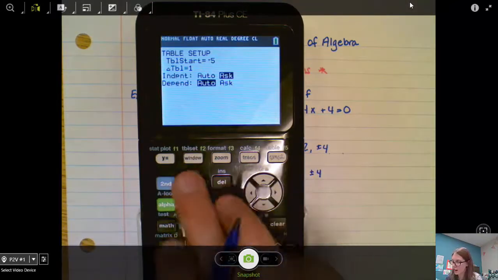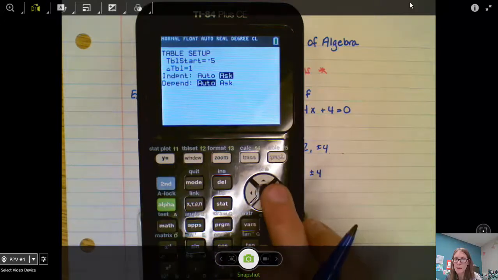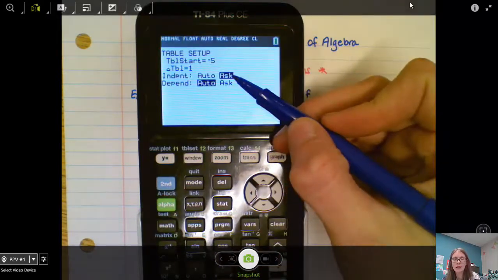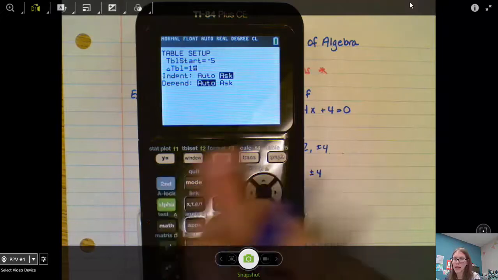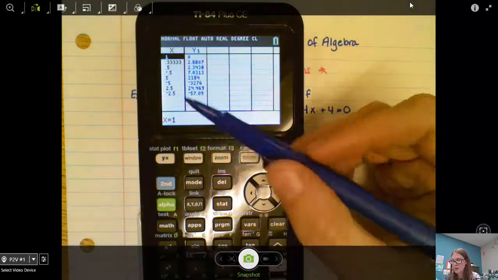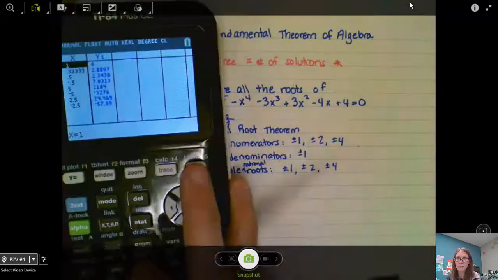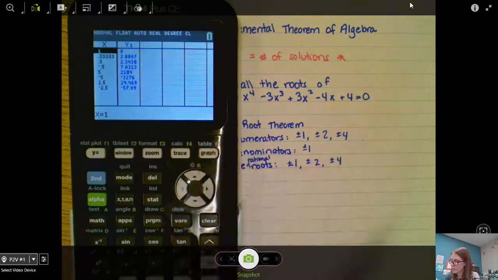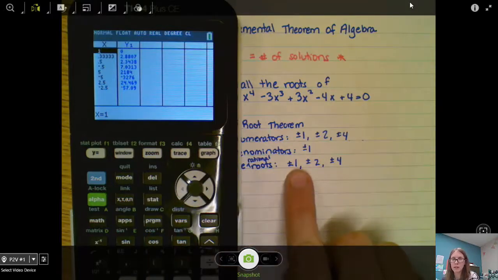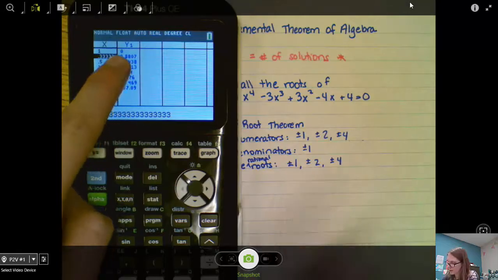Make sure under second table set that your independent is set to ask, which it is, and then we can go to second table and put all of these possibilities in. So our possibilities were plus or minus 1, so I need to check 1, and hey, 1 is a root.